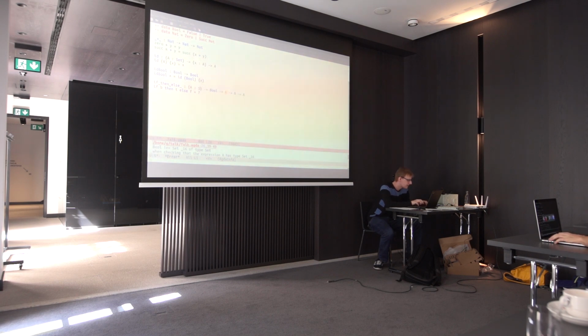Sorry, that should be Set. So I case split on b, and if it's false, I return f. If it's true, I return t. Simple enough. So I can now use if then else as an operator.